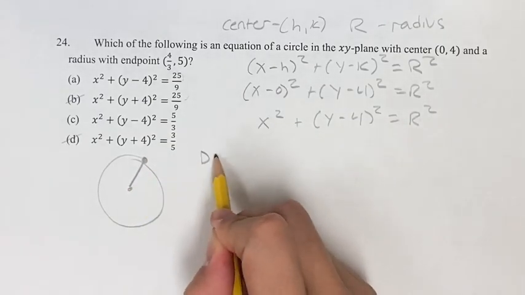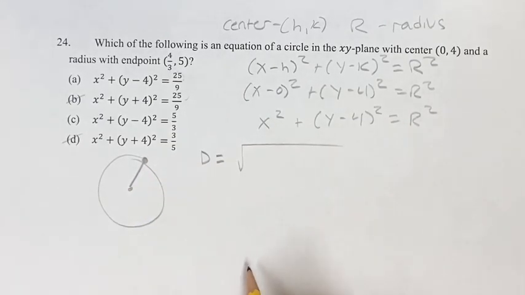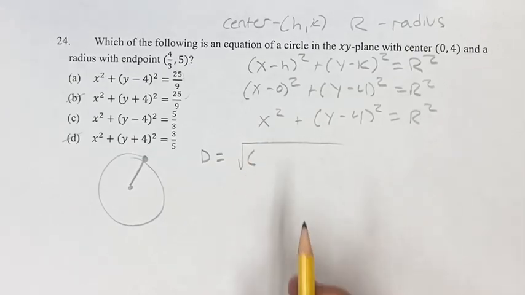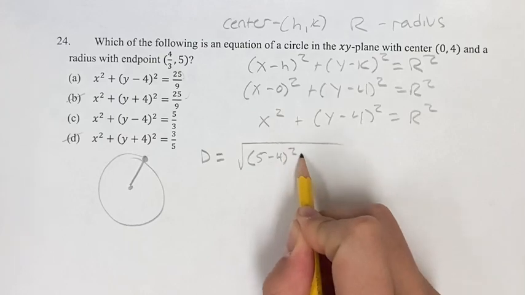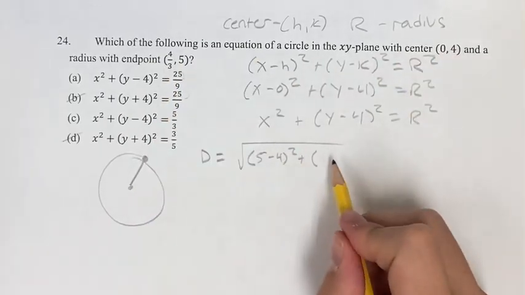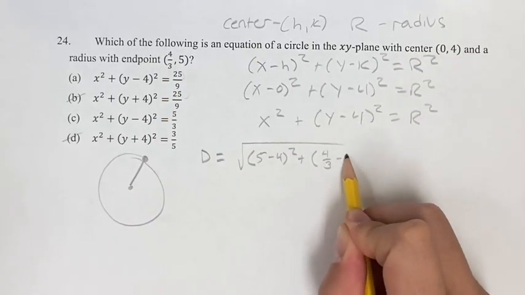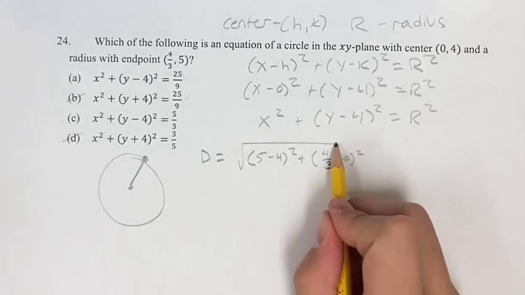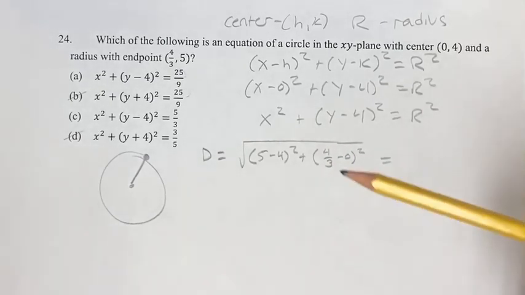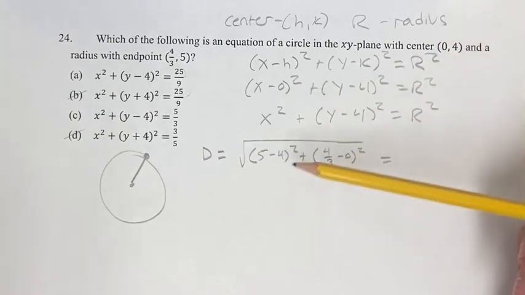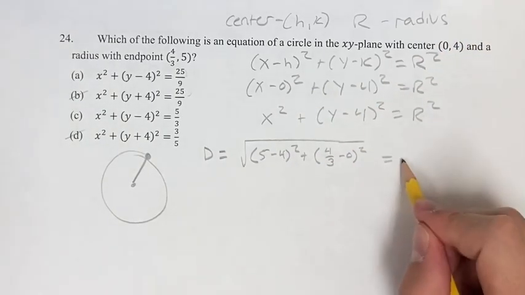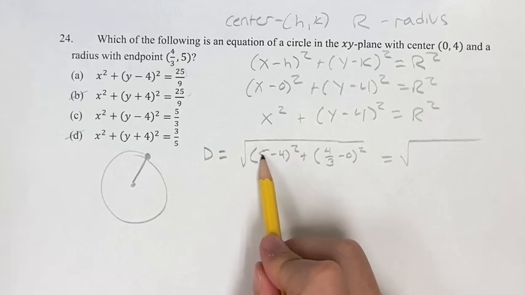So the distance formula is the square root of the difference in the y values squared plus the difference in the x values squared, right? And make sure that you are subtracting in the same order both times. So we have 5 - 4 squared.